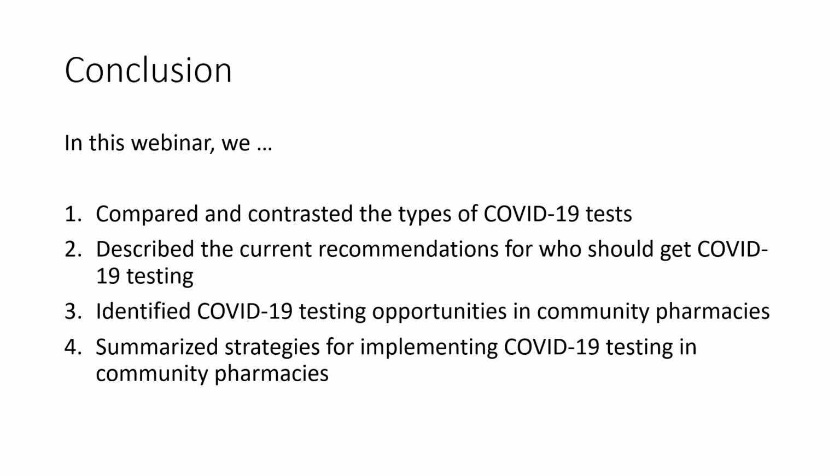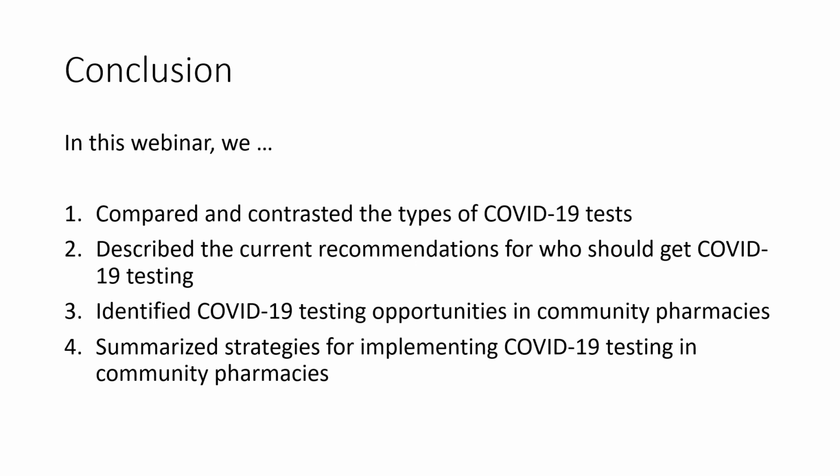So this concludes our overview of COVID-19 testing in pharmacies and considerations you should make when implementing a program in your pharmacy. To recap, there are several kinds of FDA authorized COVID-19 tests available, which fall into two categories: tests that look for current infections and tests that look for past infections.